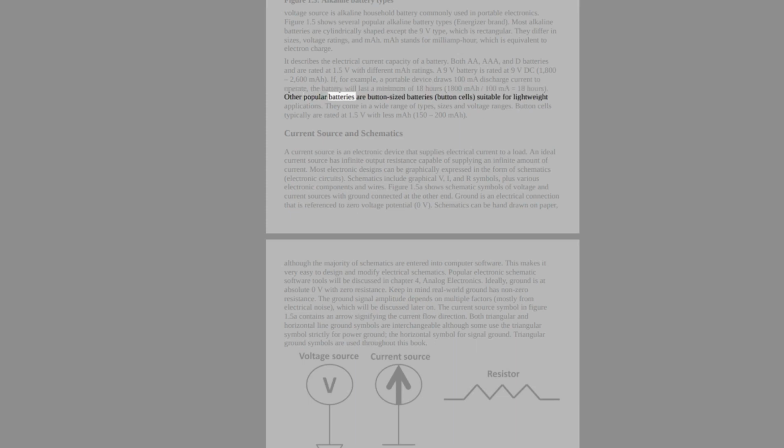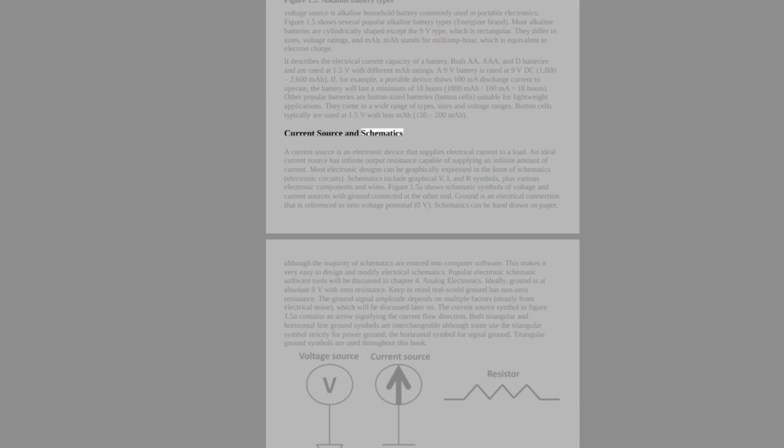Other popular batteries are button-sized batteries, button cells, suitable for lightweight applications. They come in a wide range of types, sizes, and voltage ranges. Button cells typically are rated at 1.5 V with less mAh, 150 to 200 mAh.